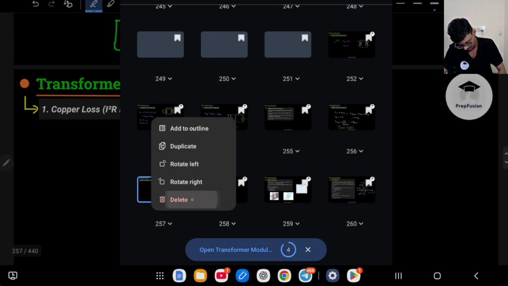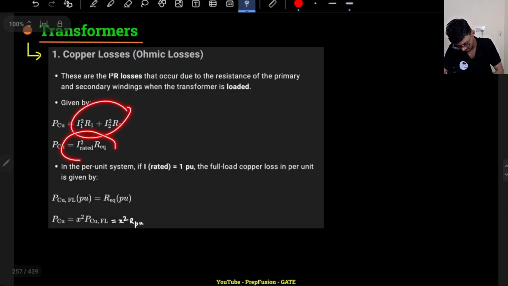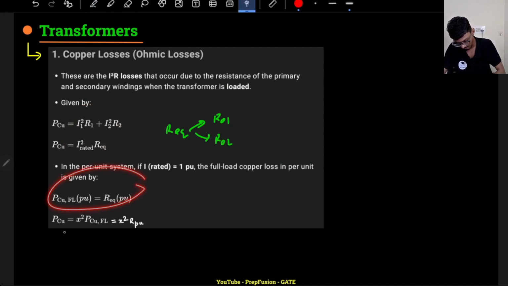So we'll delete these pages. Here, whatever I have told you is written over here. R equivalent is the equivalent resistance, which can be either RO1 or RO2 depending on which side I am on.